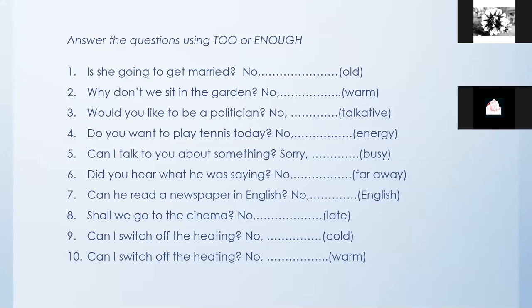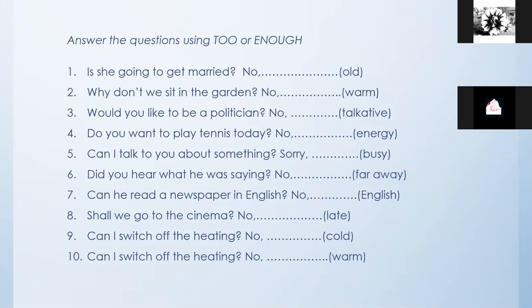Too warm, sir. Too warm. Okay, can you make a complete sentence? For example, number one, is she going to get married? No, she is not old enough to get married. And here, like we said before, using infinitive. Why don't we sit in the garden?